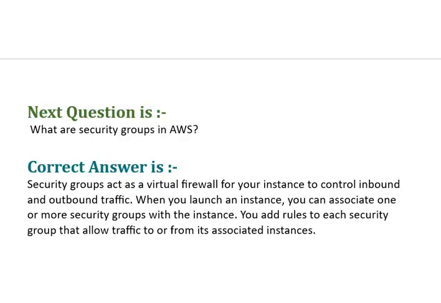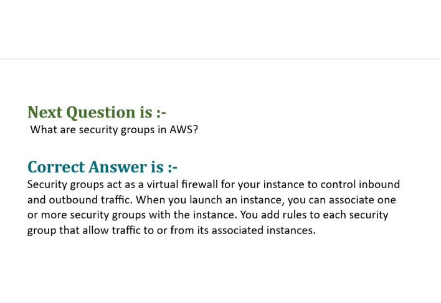Next question is, what are security groups in AWS? Correct answer is, security groups act as a virtual firewall for your instance to control inbound and outbound traffic.